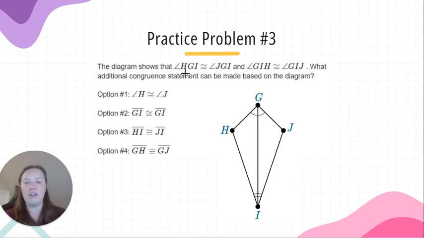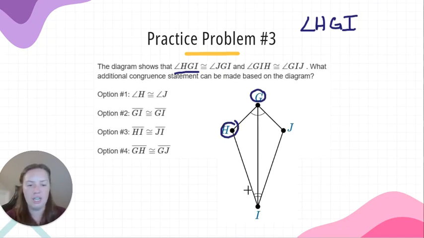So we have a diagram that shows, look at this type of naming here. We have angle HGI. They use the full name of this angle. So the G is going to be the vertex of the angle, so they're talking about this one right here.